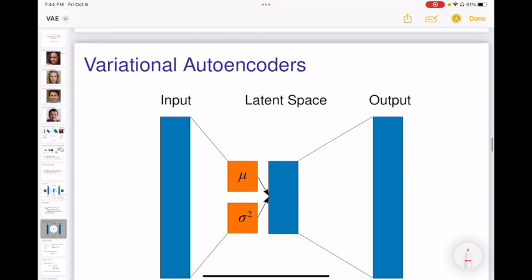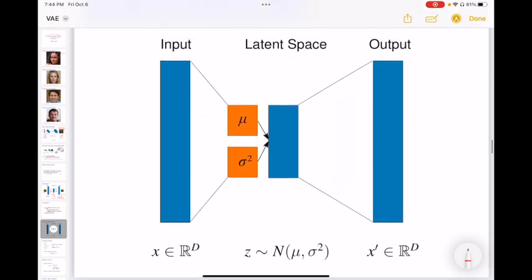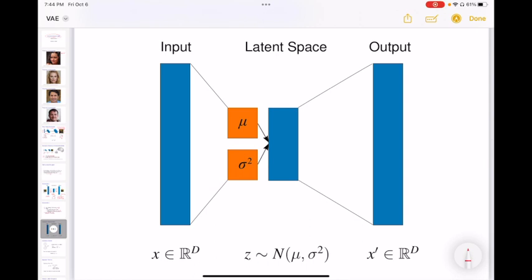Okay, so to make this a generative model, people have come up with variational autoencoders. Let's just look at this very simply first. Let's say we have an image X like before in a capital D dimensional space. We then use a bunch of encoding layers to go from X to get an embedding Z, right?